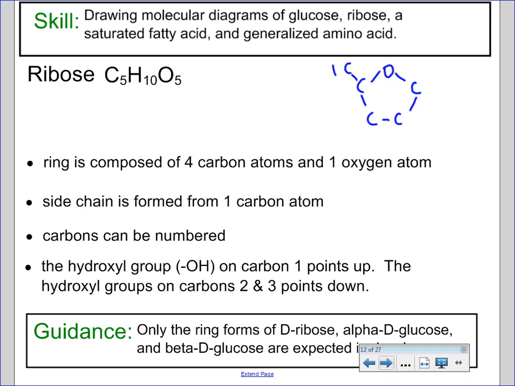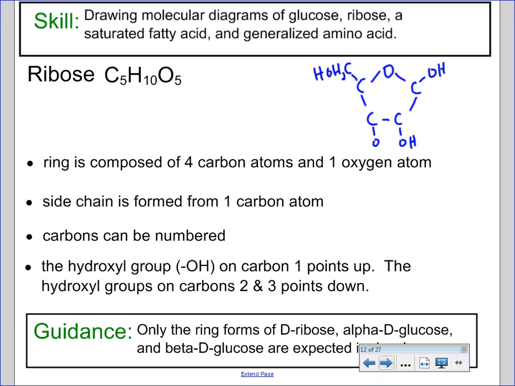We'll have CH2OH, and then just note that I've drawn my covalent bond between the carbon and the side group, between the carbons. And then we'll have hydroxyl groups on each of the carbons.